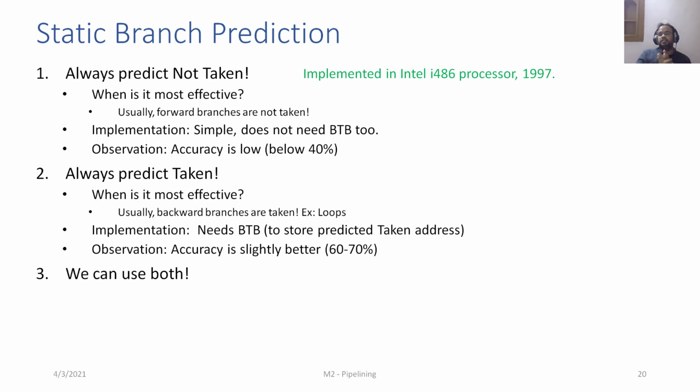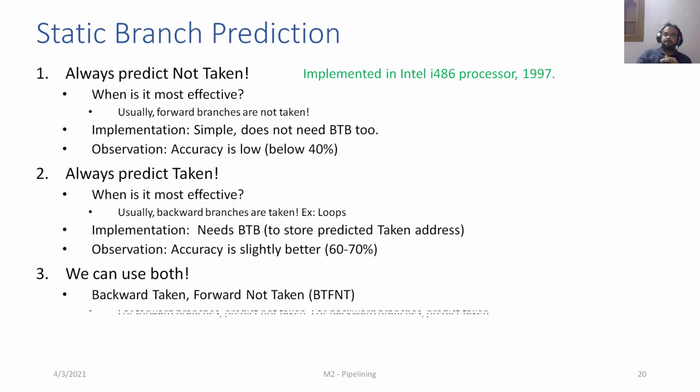Now, when we said that the most common observation was forward branches are not taken and backward branches are taken, can we use both of them together? That was what the backward taken, forward not taken, BTFNT predictor was about. For forward branches, we will predict that it will not be taken, and for backward branches we'll predict it will be taken.